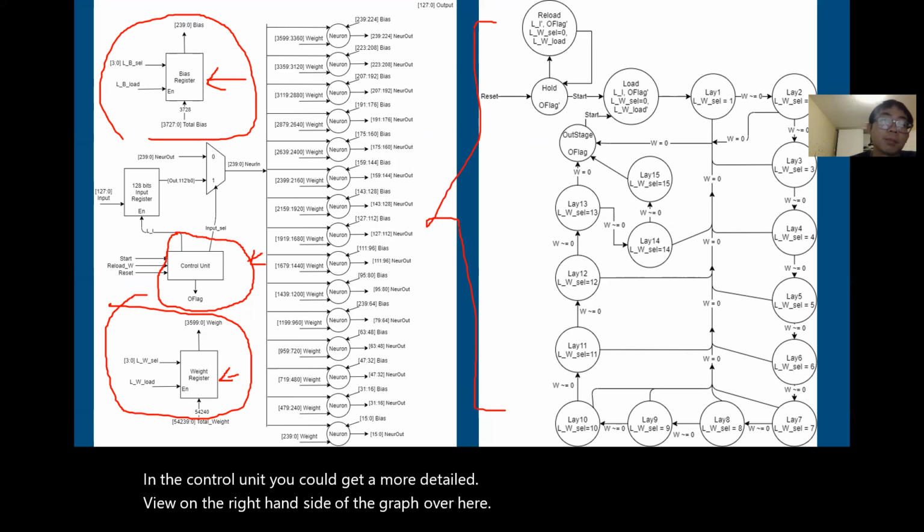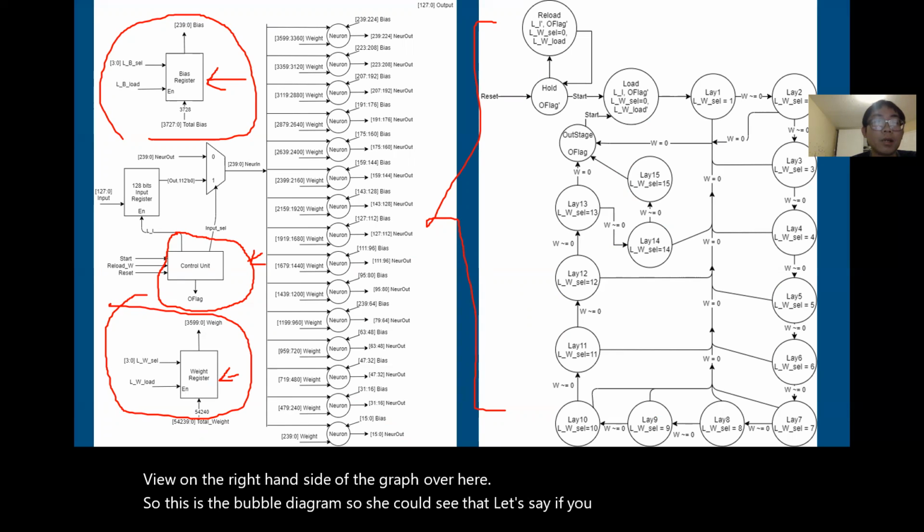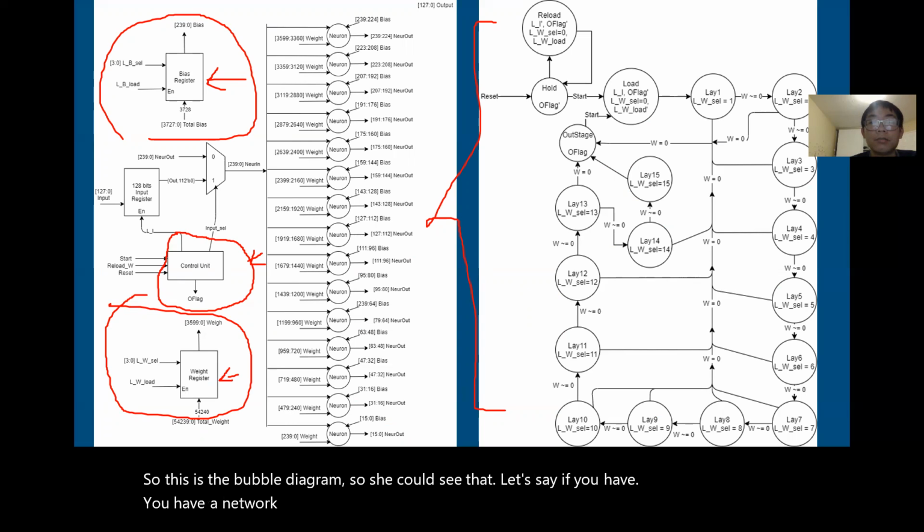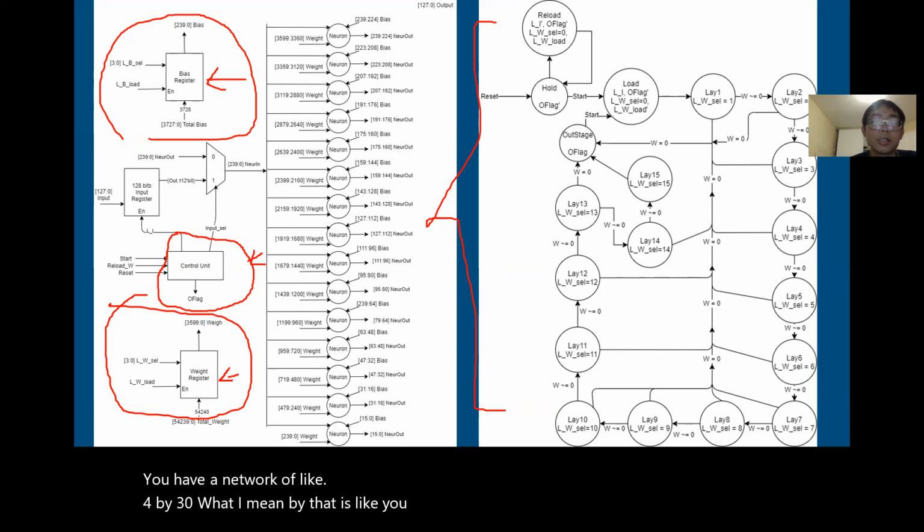So this is the bubble diagram. As you can see, let's say you have a neural network of 4x3. What I mean by that is you have 4 hidden layers, and each hidden layer has only 3 neurons.